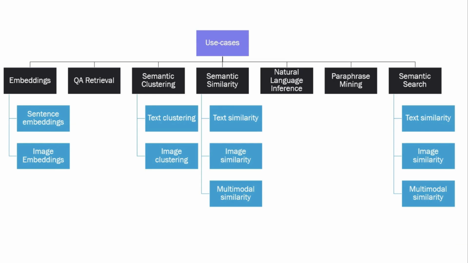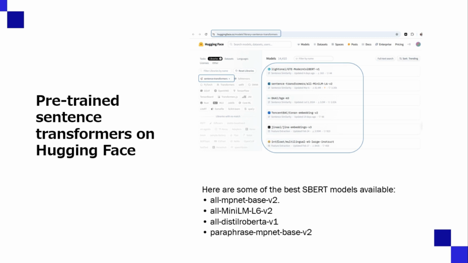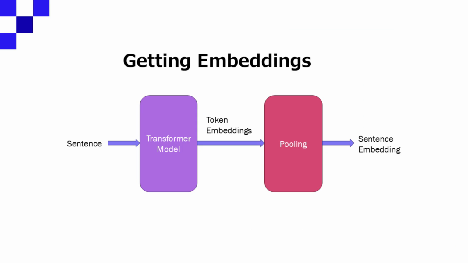In the diagram, each branch demonstrates how embeddings enable diverse tasks, including retrieval, clustering, similarity analysis, inference, and search across various data types. A wide selection of over 10,000 pre-trained sentence transformer models are available for immediate use on the Hugging Face platform.